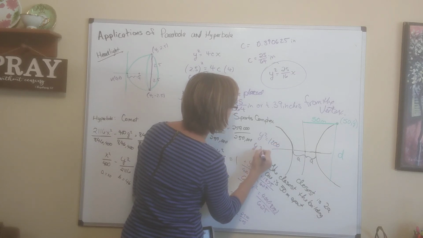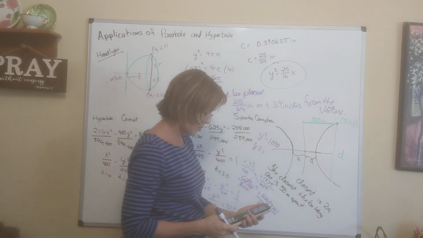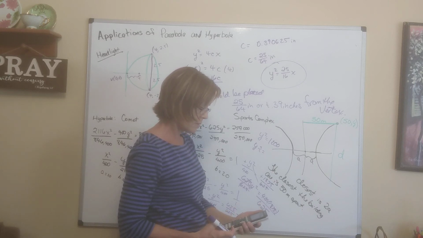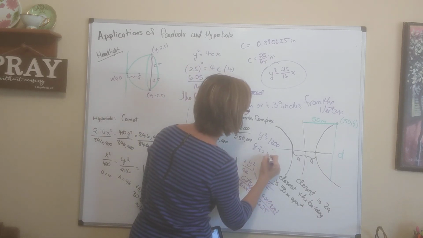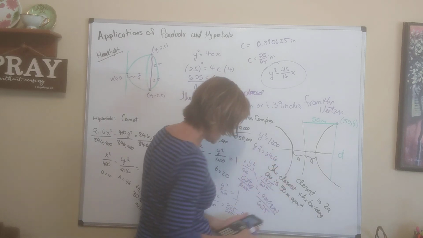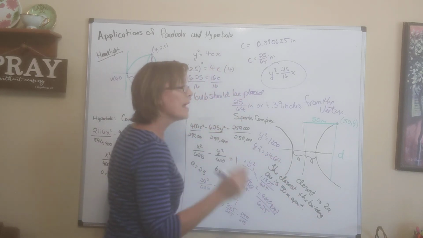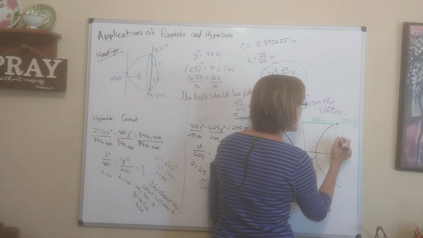So y is approximately equal to the square root of that, which is 34.64. Okay, fine. That is how far this half is.